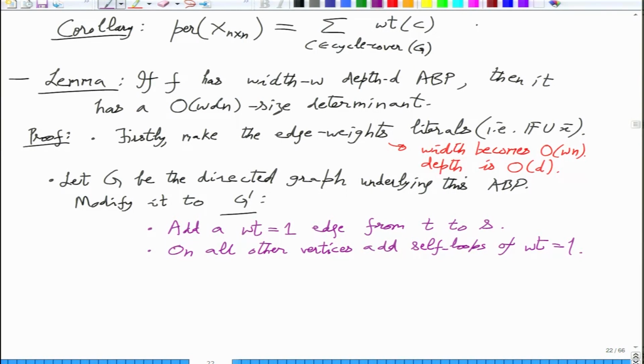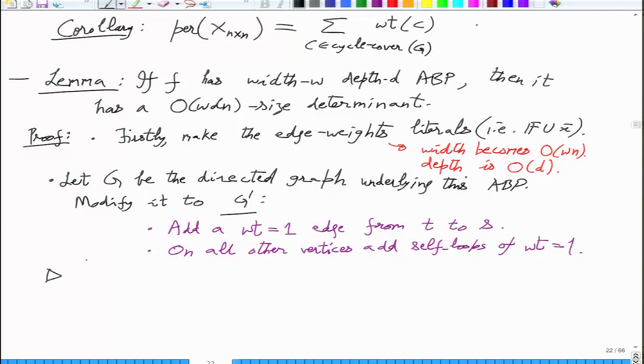Now it should be obvious that in G prime, whenever you look at a cycle cover, let us start with the easy case. In G, a path from S to T corresponds to a cycle cover in G prime, because you take that path S to T, come back, and on the other vertices that have not yet been used, use the self loops. That is a cycle cover of G prime. Now conversely, what is a cycle cover of G prime? Remove self loops. Other than the self loops, the only way to get a cycle is to use this newly added reverse edge.